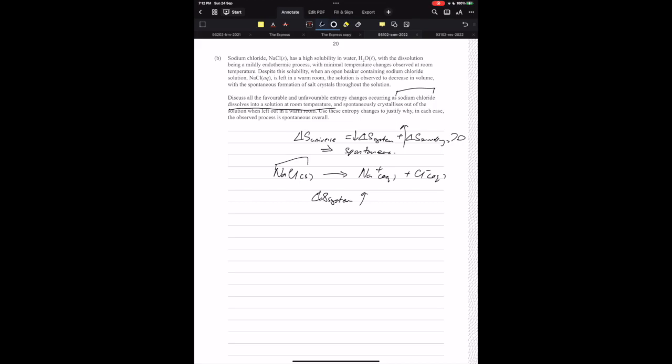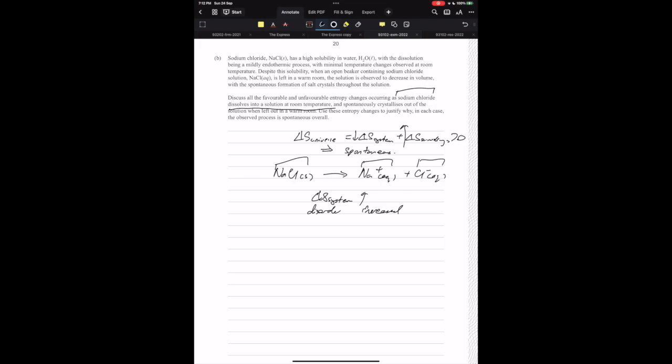Before we had an ordered sodium chloride ionic lattice in a solid form, but then it becomes these dispersed Na plus and Cl minus ions, which are all floating about in the water with no certain order to them. And so the order has decreased, or you could say the disorder increased, and so the entropy of the system has increased.